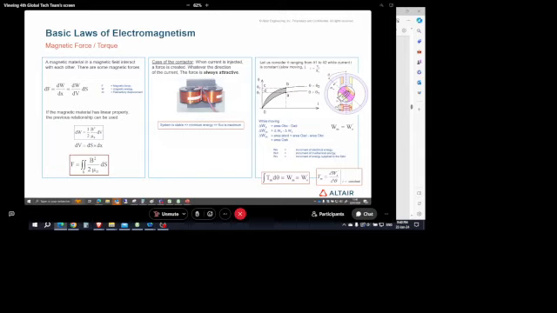And then the magnetic energy will create a force, and this force will tend to go always to the stability. So to have a stability and to maximize the magnetic flux.